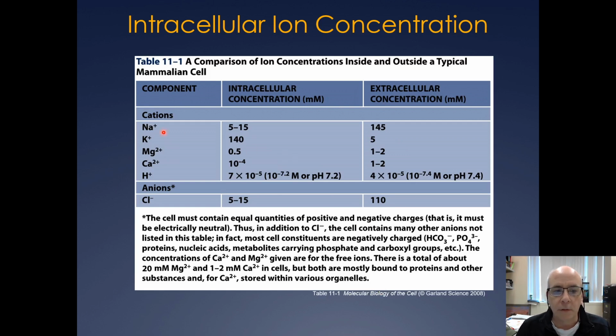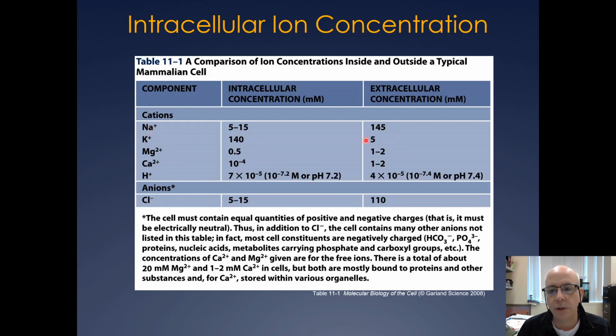So normally I don't have you memorize anything that I show in tables. These are things that you can look up, but you do have to understand some things about this table, okay? Here are the different cations, and here are their intracellular concentration and their extracellular concentration. It's important that you know where the ion concentration is high.